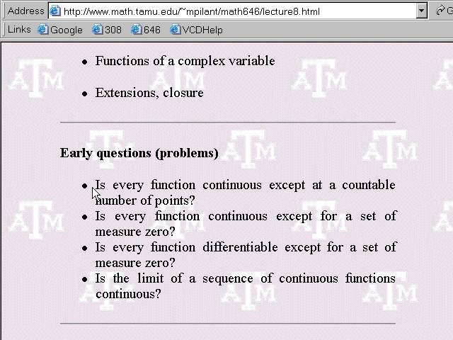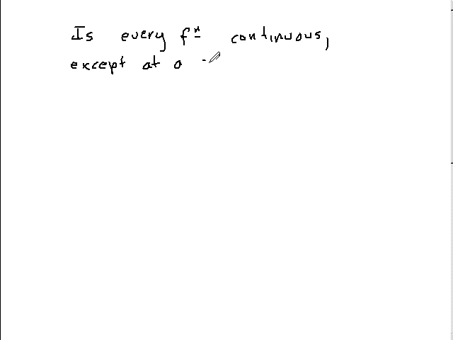Is every function continuous except at a countable number of points? What do you think the answer is? Can we make every function continuous just by fixing up its values at a set of points indexed by the natural numbers?